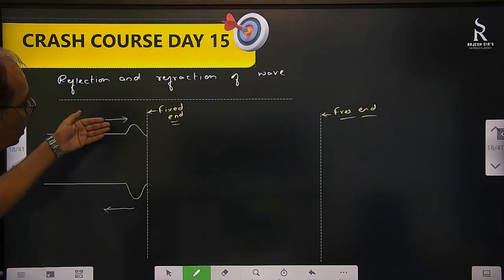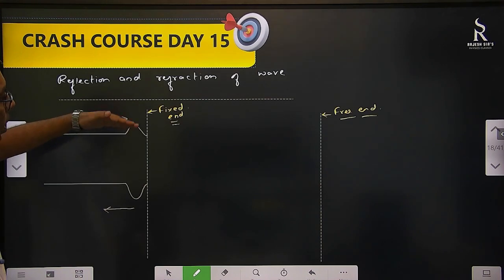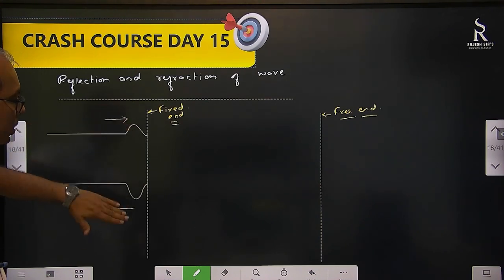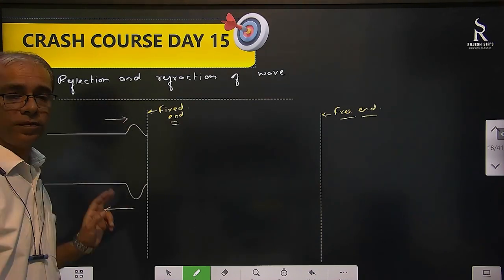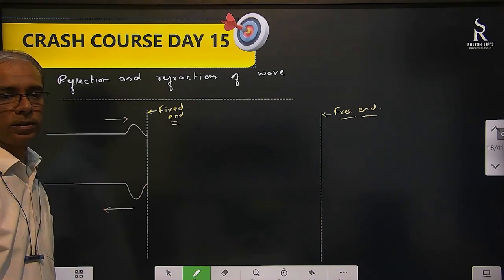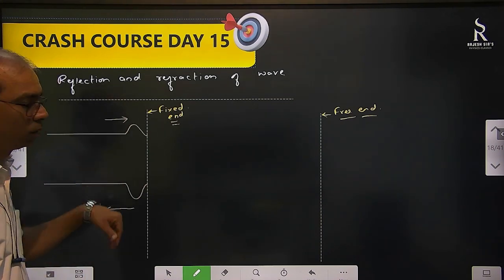So in this one, the pulse was going above. But here it is down. So how much is the phase difference between the two? 180 degrees. Okay, upside down it has turned.